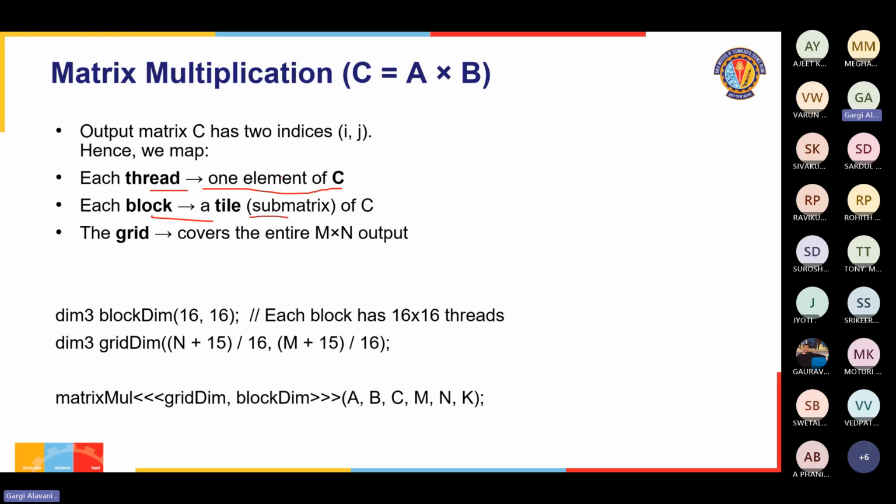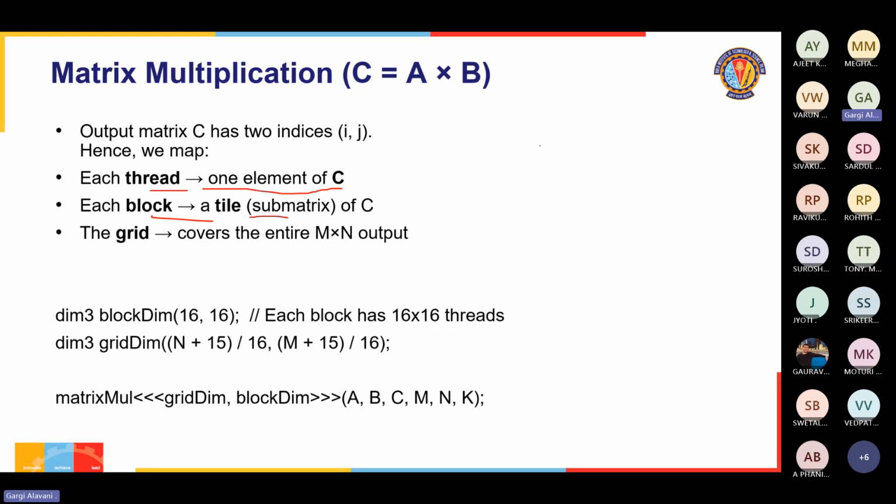So you can design this problem as: each thread will work on multiplying and calculating one element of C, and each block we can look at as a tile or a submatrix of this C. The grid we expect to cover the whole M cross N output that we need.